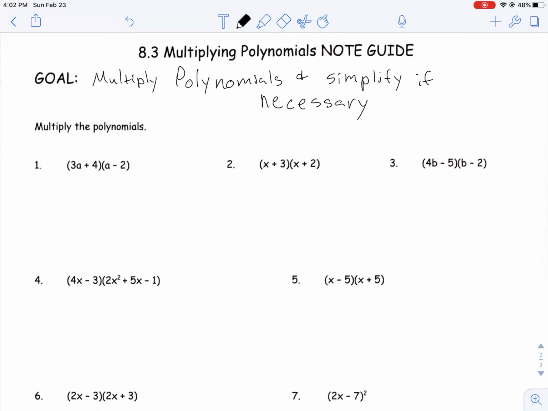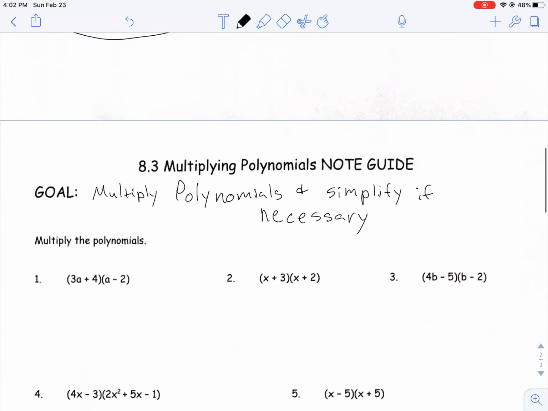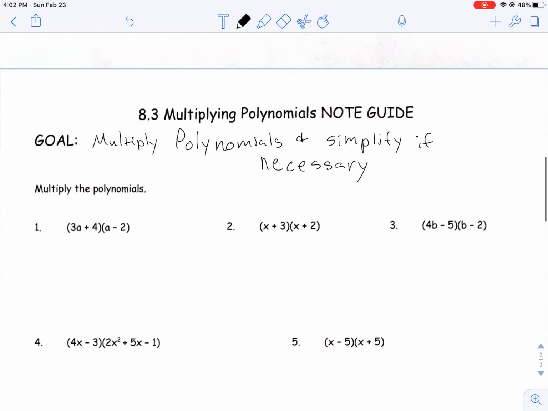So basically what we're doing right now is the distributive property, but there's two terms that we're distributing instead. There's a couple different ways that teachers teach this, and you might have heard of something called FOIL. Some teachers teach it that way, other teachers don't.